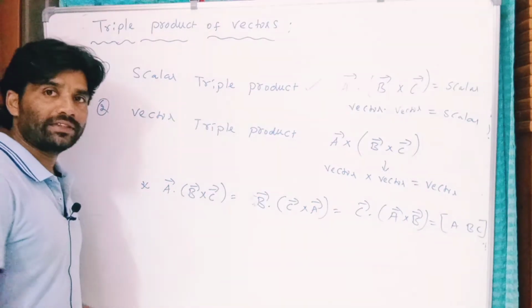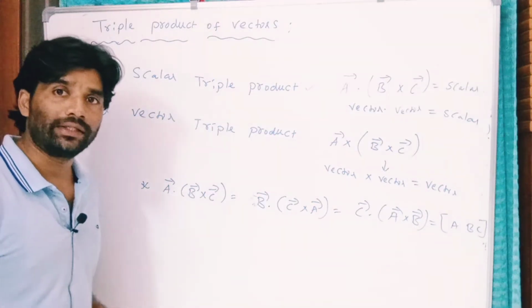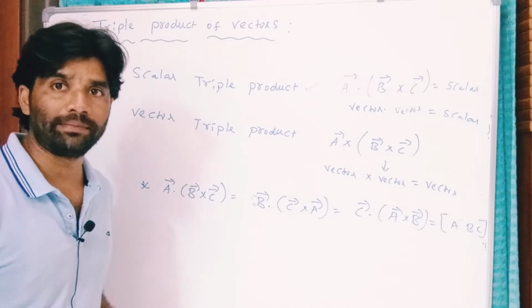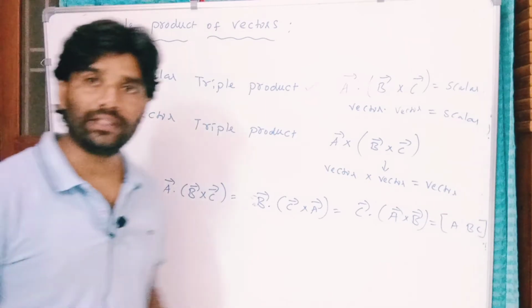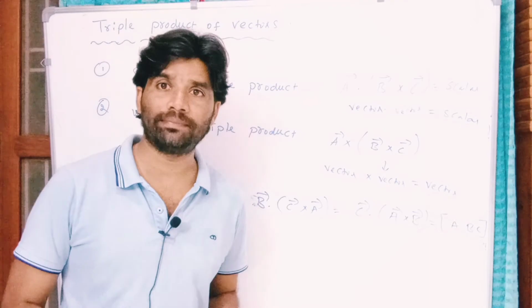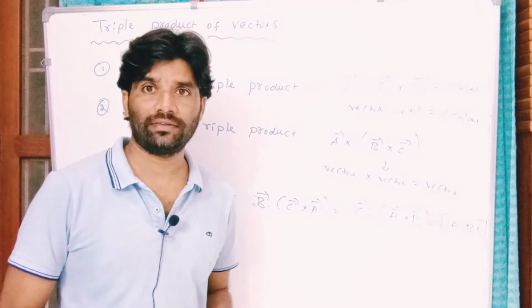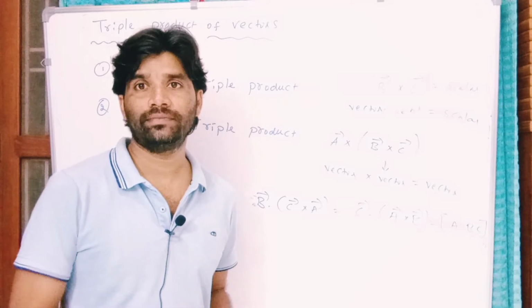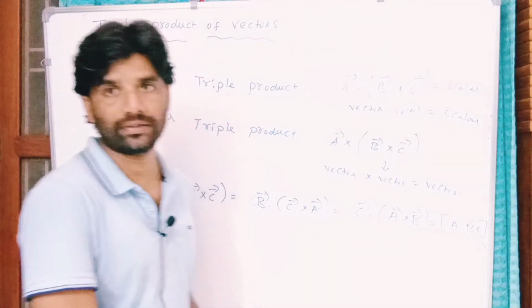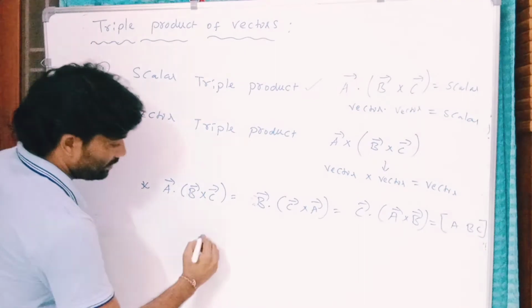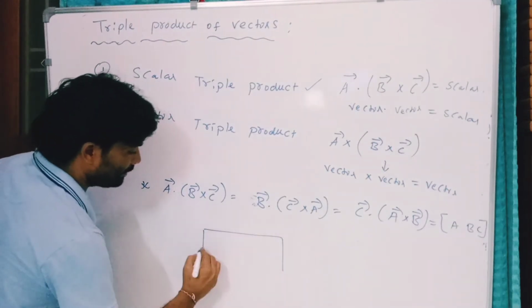We use this scalar triple product to find the volume of a parallelopiped. If three adjacent sides of a parallelopiped are represented by three vectors, then to get its volume we use this scalar triple product. You can see this is the parallelopiped.